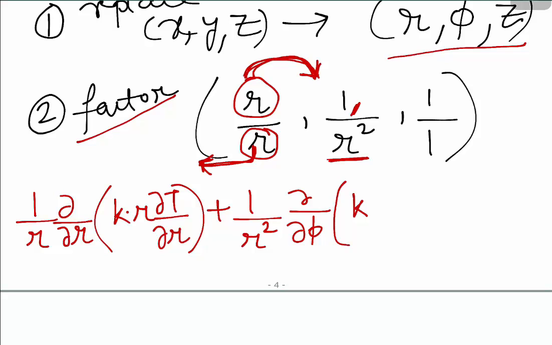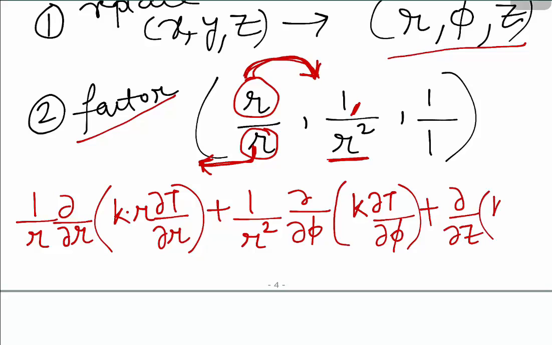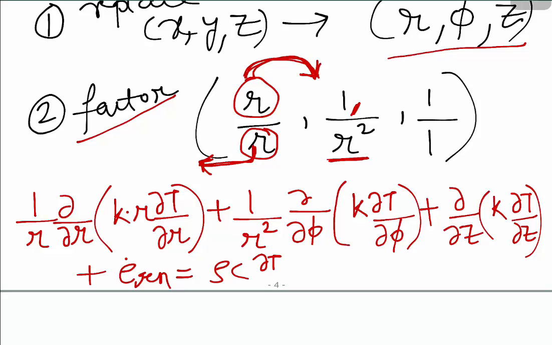Numerator will go inside the bracket which is 1, so dou t by dou phi plus z component will remain same, dou by dou z of k into dou t by dou z plus E generation equal to rho c dou t by dou t.